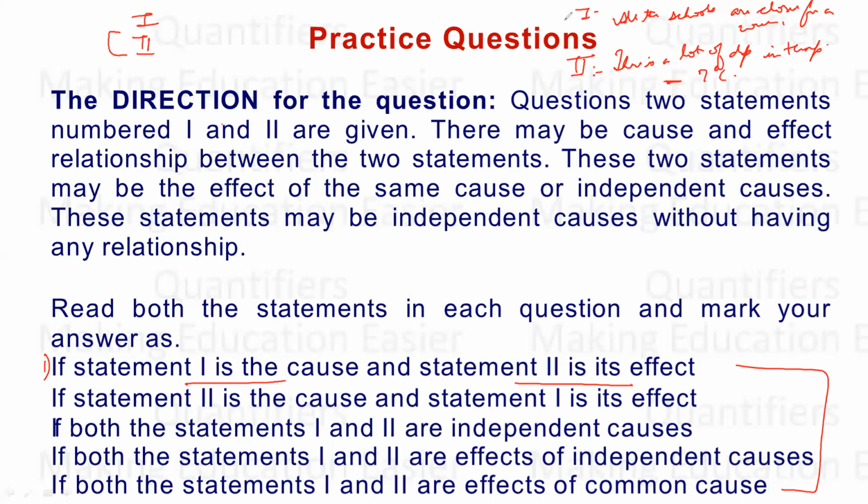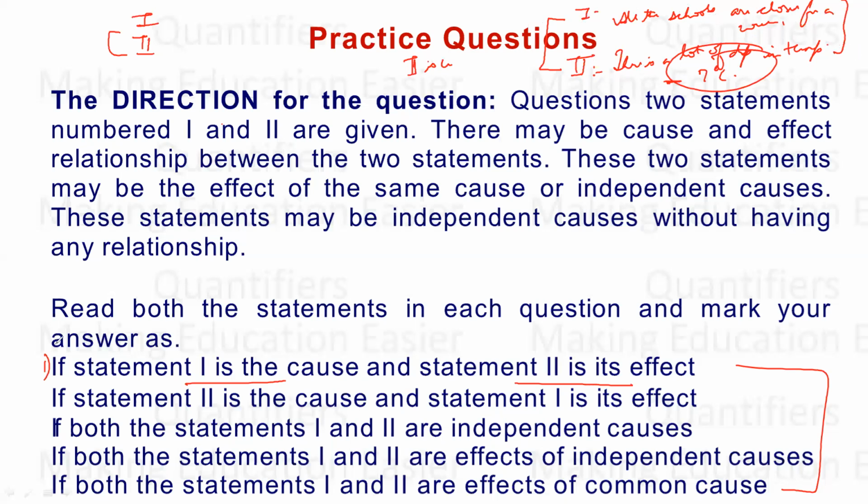Now, the first and foremost thing you need to see is whether there is any link between 1 and 2. Is there any kind of connection between them? Yes, you can say that 2 is the cause and 1 is the effect. Since the temperature has fallen a lot, that's why all the schools are closed for a week.